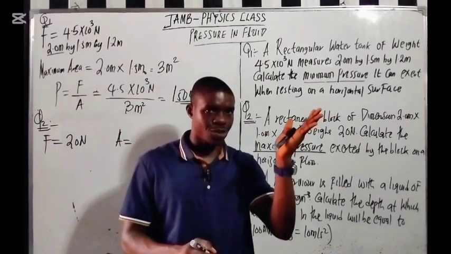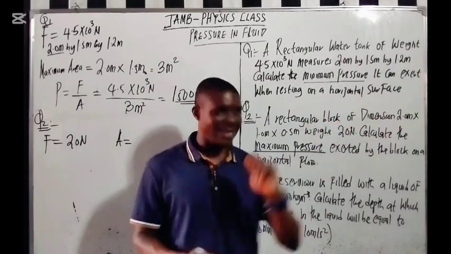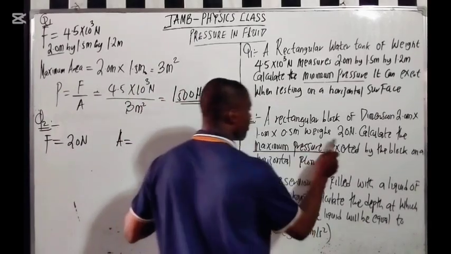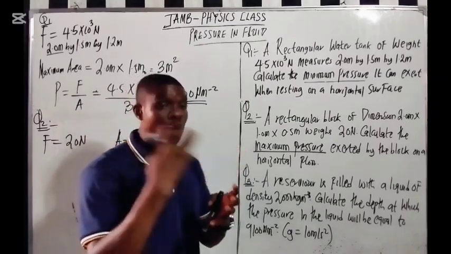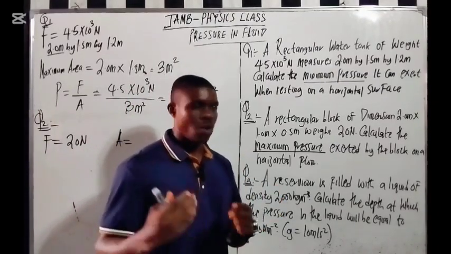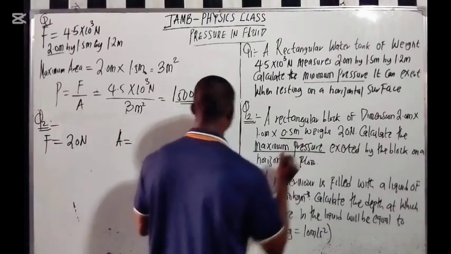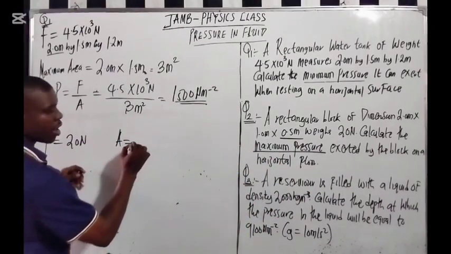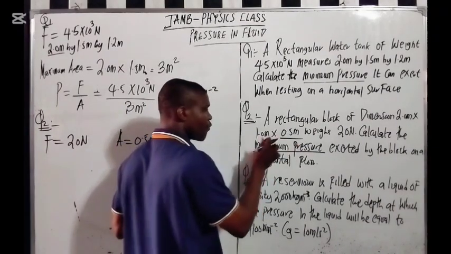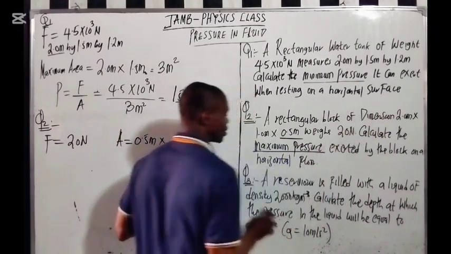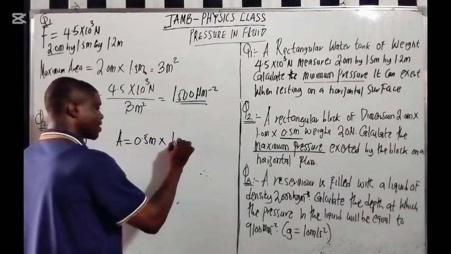Remember, minimum pressure equals maximum area, and maximum pressure equals minimum area. So how do we get our minimum area here? You have to take the lowest. For this one, which is lowest? 0.5 meter times... Now for here and here, which one is the lowest? 1.0 is the lowest.